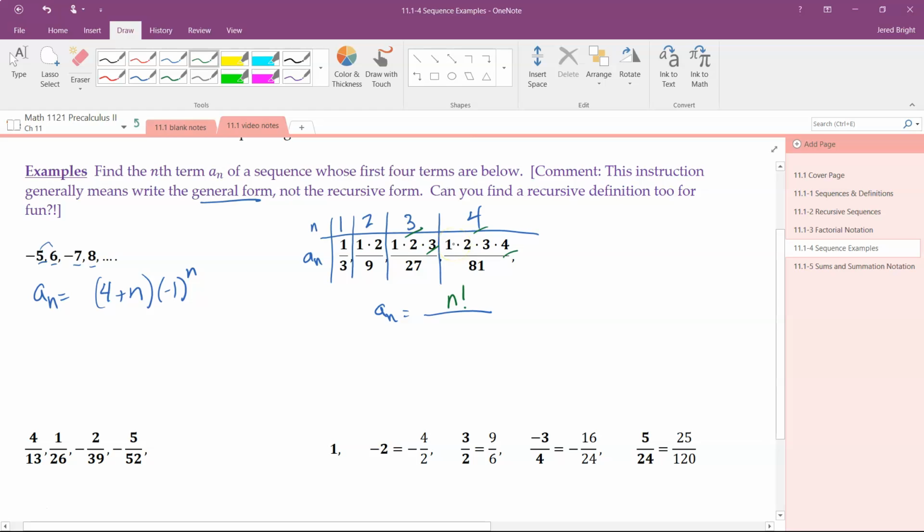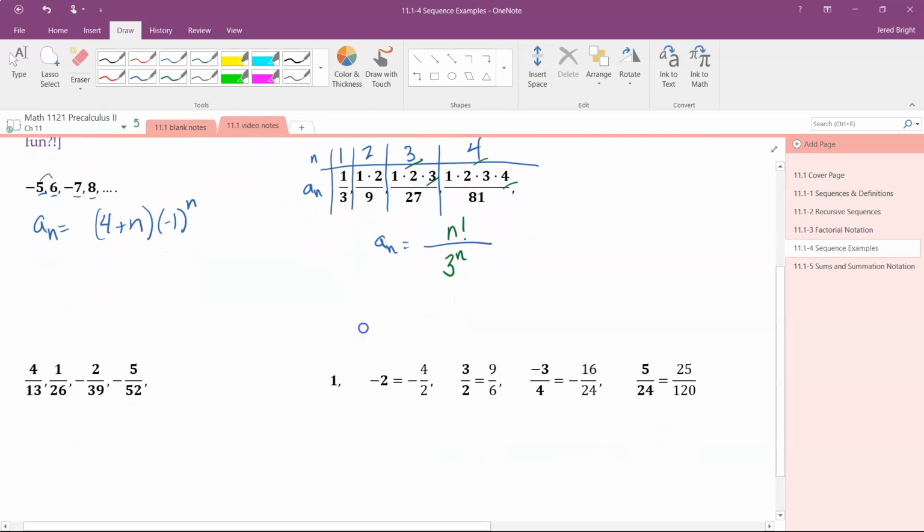That seems to match. And the denominators, 3, 9, 27, 81, are all powers of 3. So I'm thinking that this is 3 to the n. Does that fit? Sure does. So take a guess, try it out, and then modify as needed.